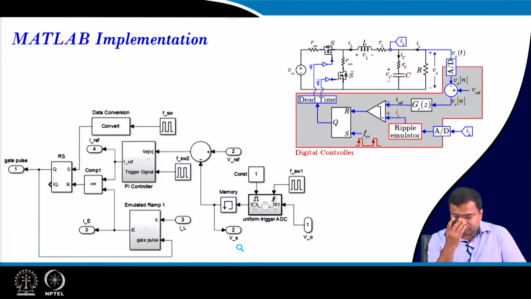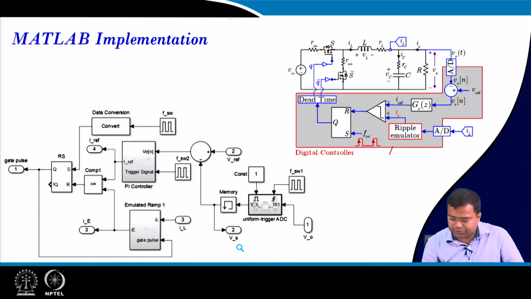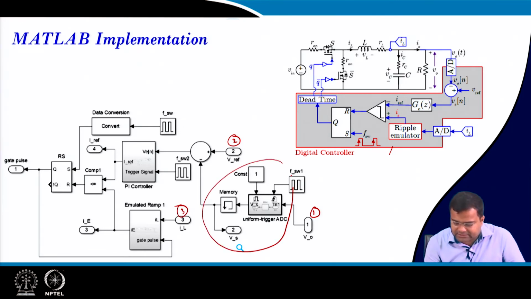Next, if we zoom into this whole controller block, it starts with number 1, number 2 and number 3 input ports. Number 1 input port is the output voltage, number 2 is the reference, and number 3 is the inductor current. So, what is this block?